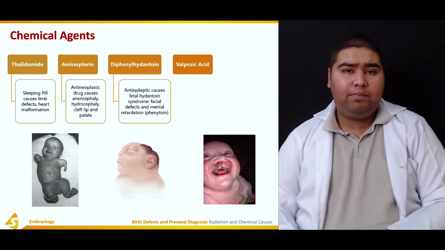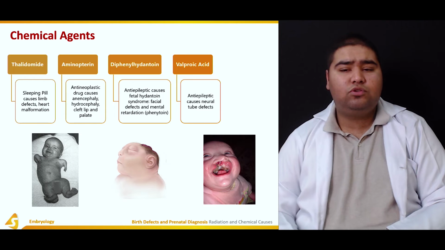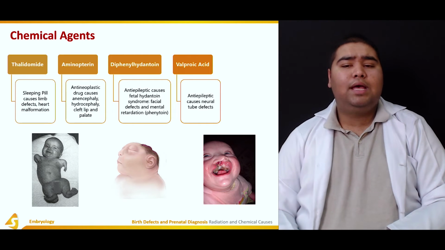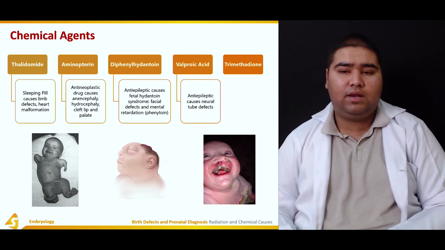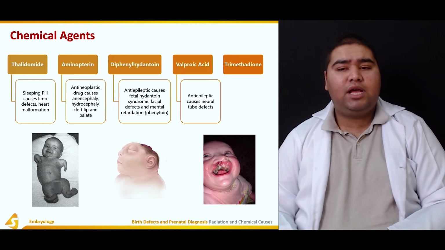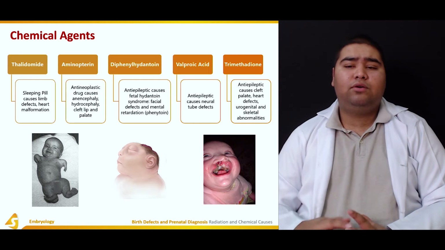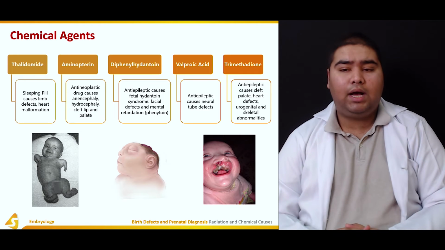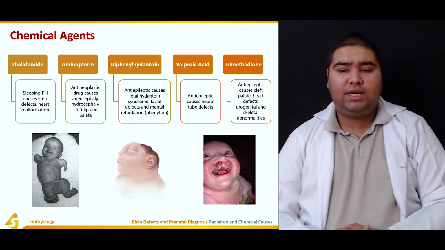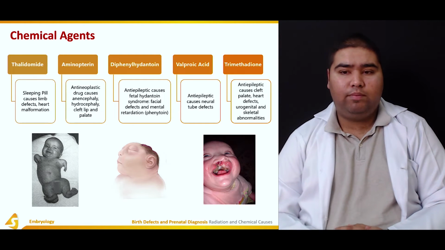Next, we have valproic acid. It is also used to treat epilepsy, and it can cause neural tube defects, hence again anencephaly. Then we have trimethadione. Trimethadione is an anti-epileptic which may cause cleft lip, heart defects, urogenital and skeletal abnormalities.